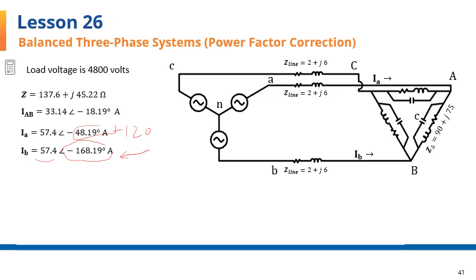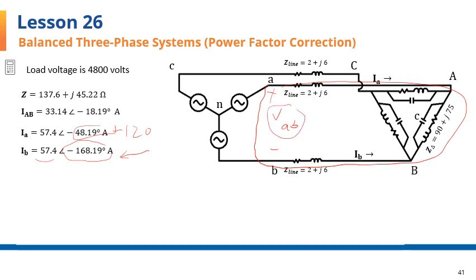I'm going to use KVL to find the line-to-line voltage of the generator, VAB here. We can do that because if we go around this loop, all of the voltages are either known or can be found, except for VAB.